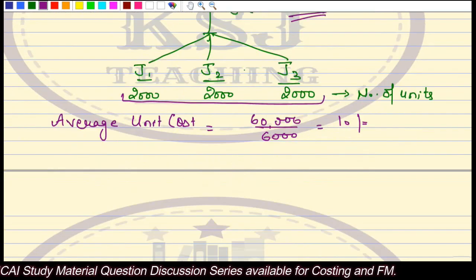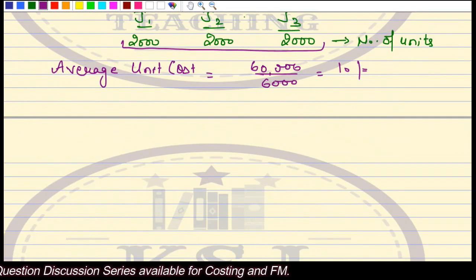So what is the formula for the average unit cost method?